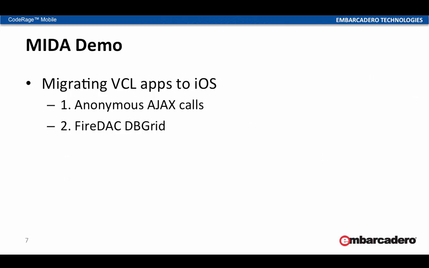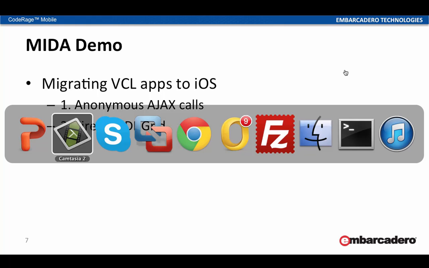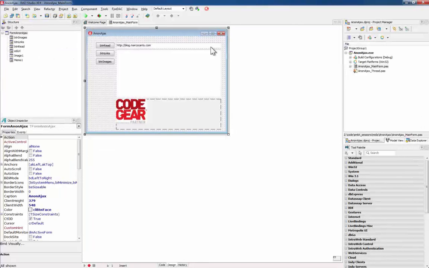So let's focus on a couple of short demos of migrating VCL applications to iOS using Mida. And on purpose, I haven't grabbed specific applications that come with the product. I've just decided to use a couple of demos that I've written in the past, very generic ones, but some that might come from the real world.